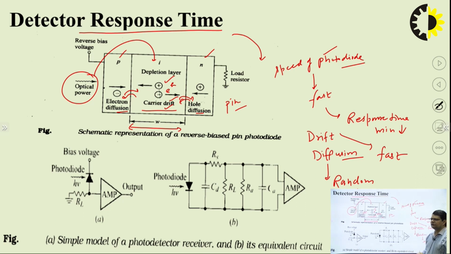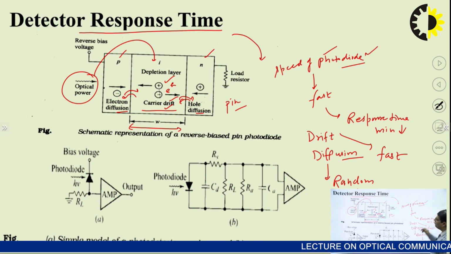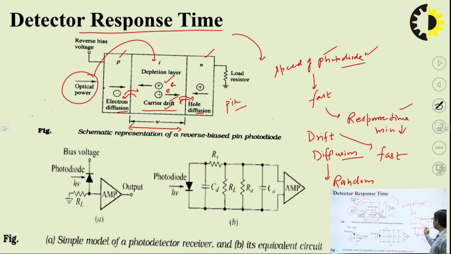So out of the two processes, drift is fast, diffusion is slow. Drift will make the speed of the photodiode fast, or detector response time short, and diffusion will make the process slow. But combined, we have to take the effect of both. Overall detector response will be fast because of drift and slow because of diffusion, and we have to consider both.